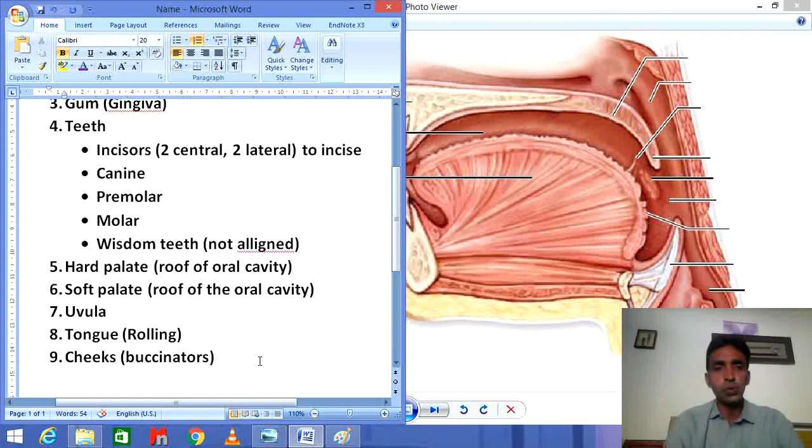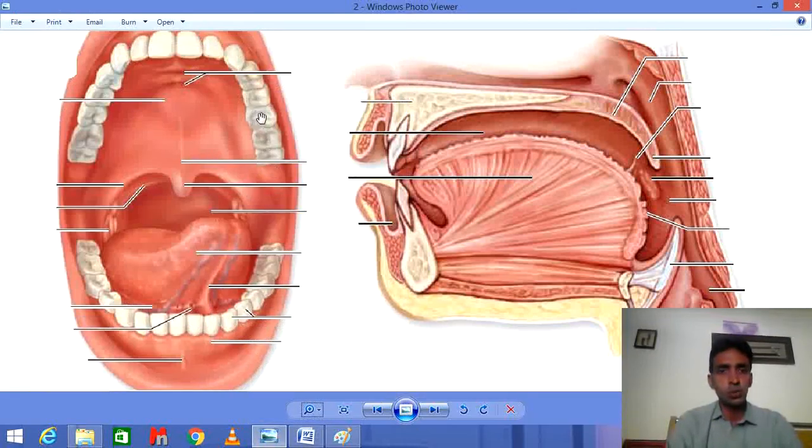The buccinator muscle contracts when the upper jaw and lower jaw press each other forcefully.